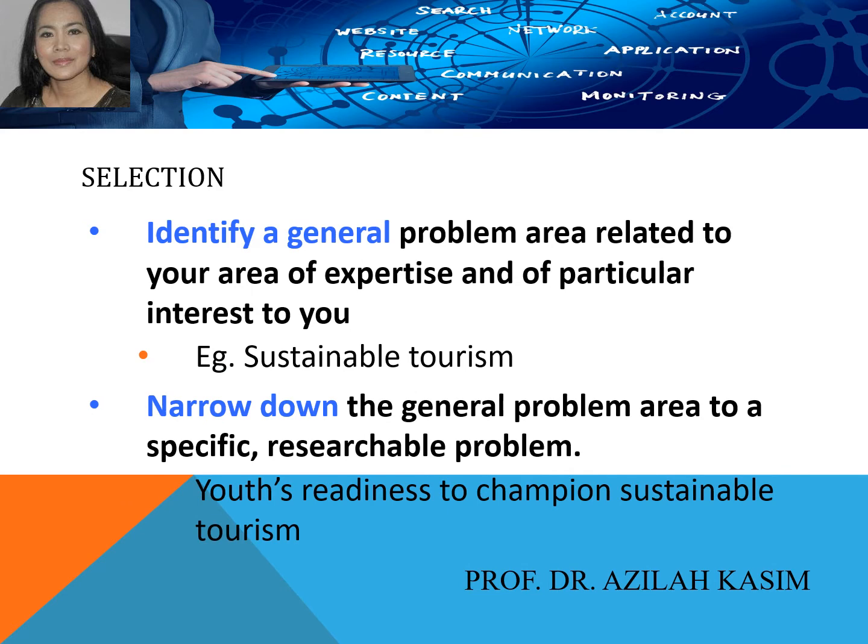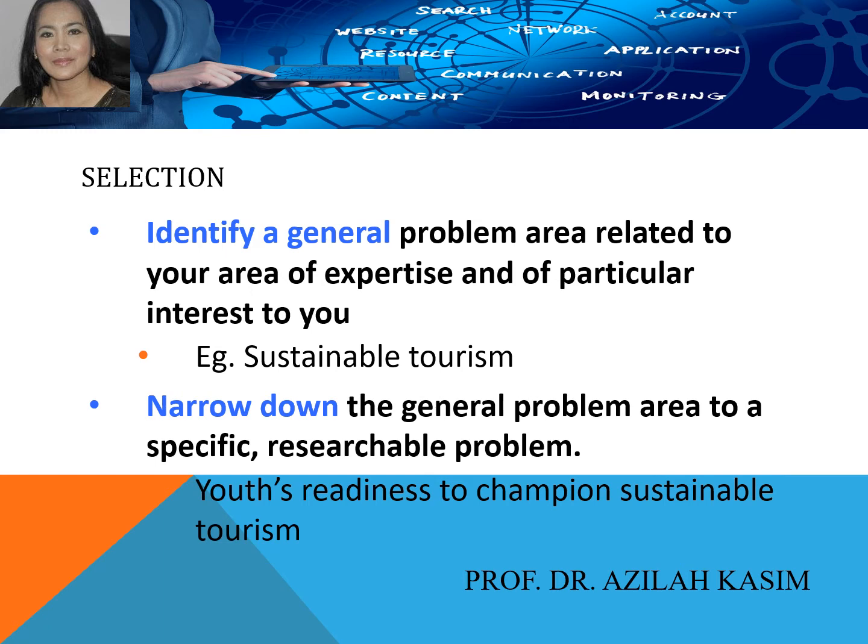To select a topic, you first have to identify the general area related to the topic you are looking at. What is the general problem area? For example, medical tourism is the general problem area, and inside it you may look at the demand for cosmetic surgery in medical tourism.